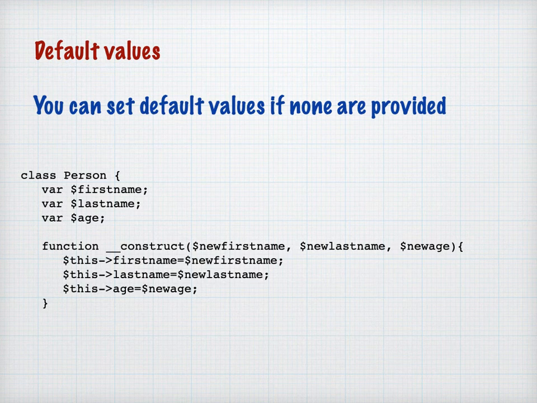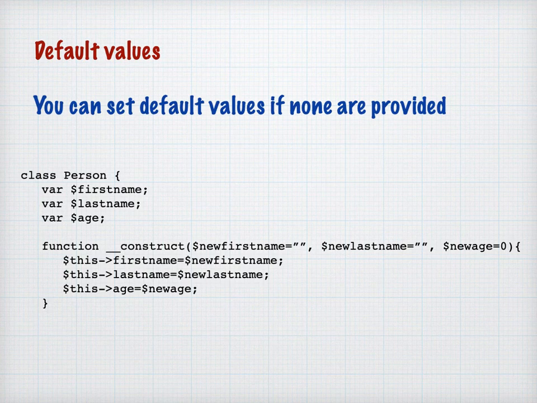And the way that we do that is we use this. So we simply go equals something. So it could be an empty string, like here for new first name and new last name. It could be a default value, a default name, a default series of words. New age is going to have a default value of 0. So if we don't pass in an age, it will automatically take on that value there.